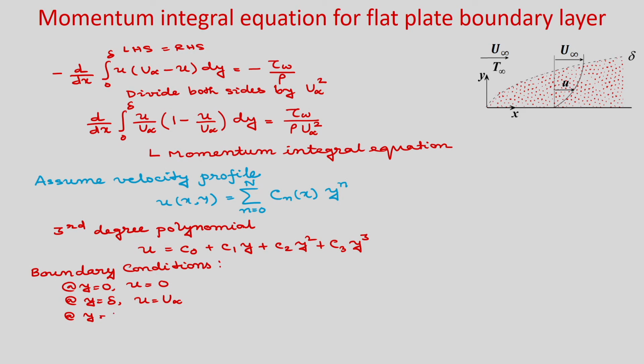At y is equal to delta, your velocity gradient is 0. So, del u by del y is equal to 0, and at y is equal to 0, now we will see the boundary layer equation is u del u by del x plus v del u by del y is equal to nu del 2 u by del y square, right.